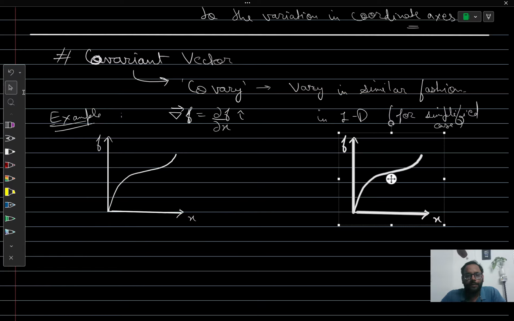Let's take this much and this much, and similarly I will take this much here and the same thing here, so that my variation in f axis will not change.